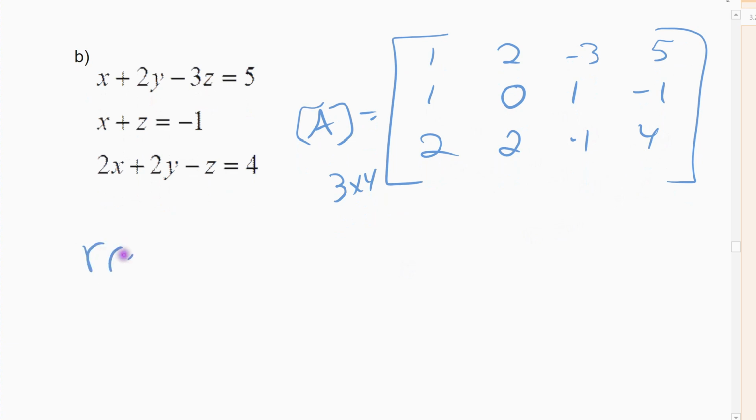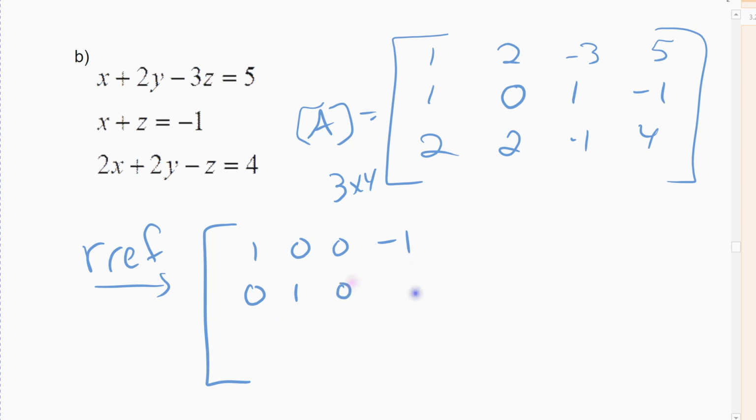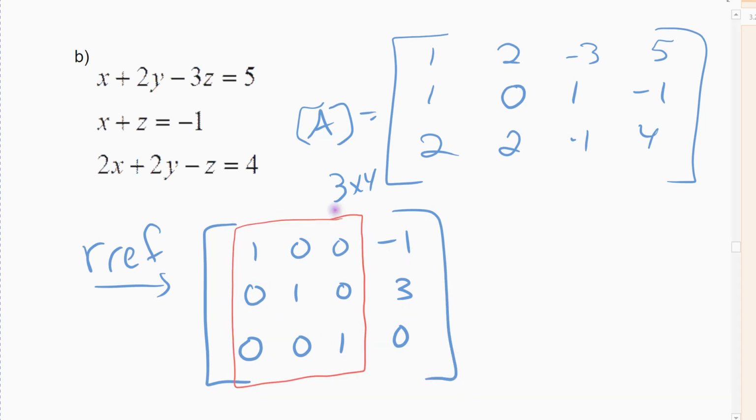We do our RREF, row reduced echelon form, and we get across the top 1, 0, 0, negative 1, 0, 1, 0, 3, 0, 0, 1, 0. Alright, so this is our nice case. Whenever we get this out, that's our row reduced echelon form where there's 1x, 1y, and 1z equals whatever those constants are.